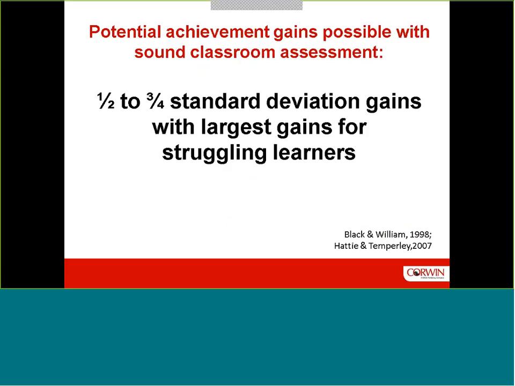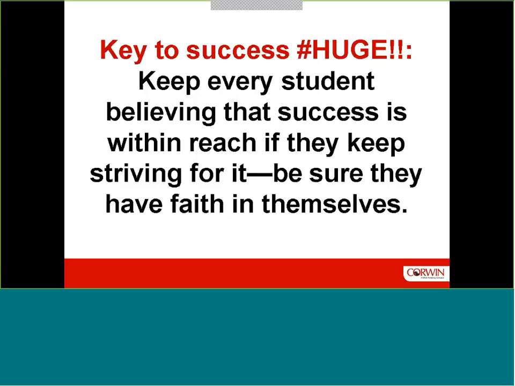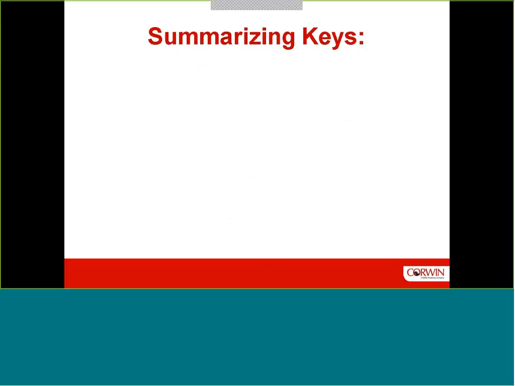So key to success five, but I wrote huge in place of number five, is keep every student believing that success is within reach if they keep striving for it. Be sure they have faith in themselves. It turns out to be critically important. So these then are our keys.